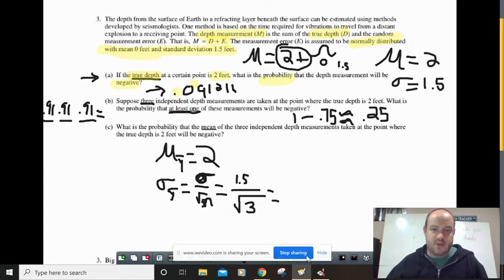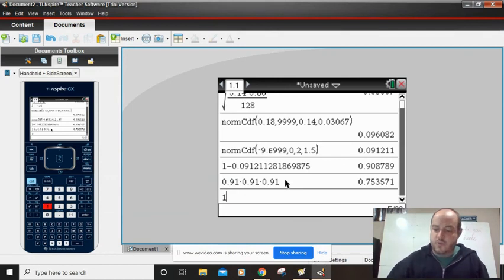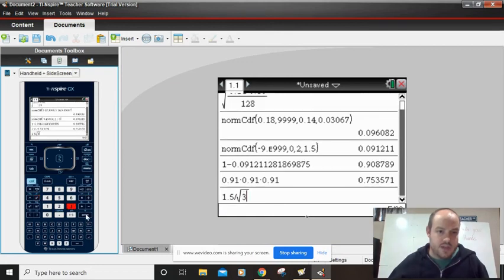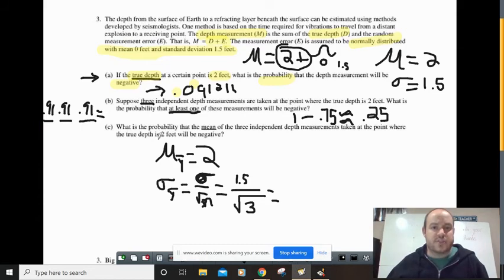So let's find out what that standard deviation is. So we're going to do 1.5 divided by the square root of 3, and we're going to get our answer of 0.866025. Okay. Now, what do we actually want to find here?